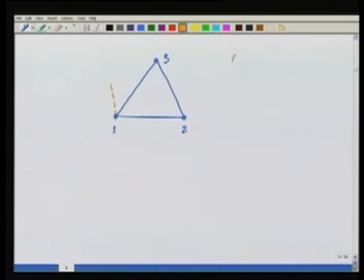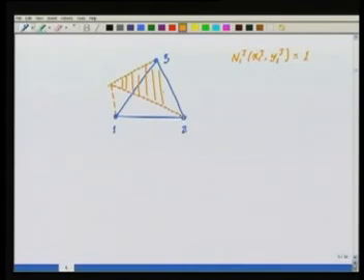So n1 tau at x1 tau, y1 tau is equal to 1. It will have a value 1 at the first node, and a value 0 at the second node and the third node. So this function is going to be like this. It is like a slanting roof, and it has a value 1 at the first node, 0 at the other two nodes. That is, it is 0 along this whole line.